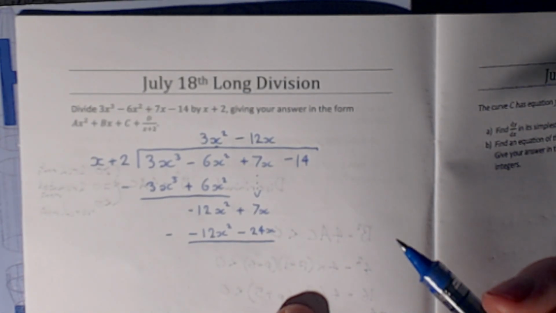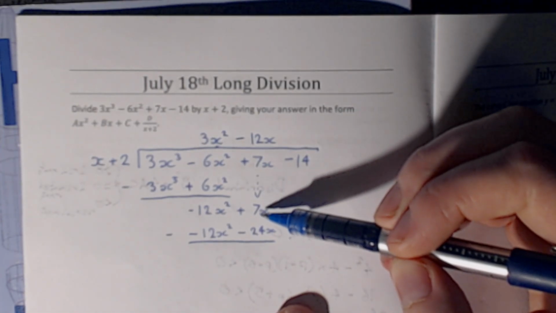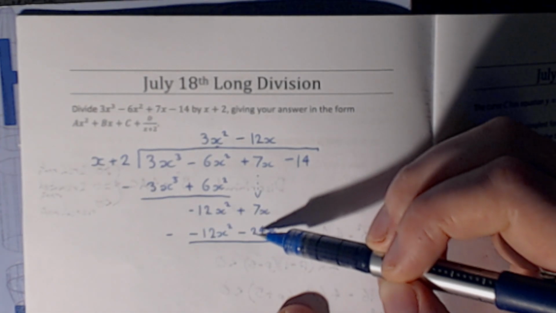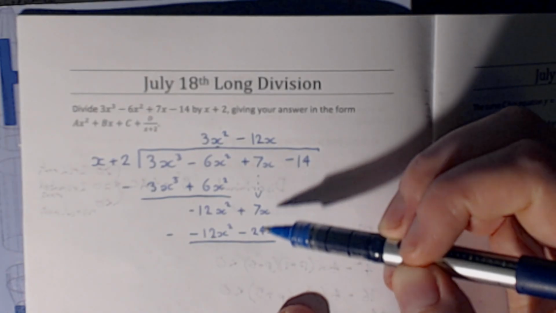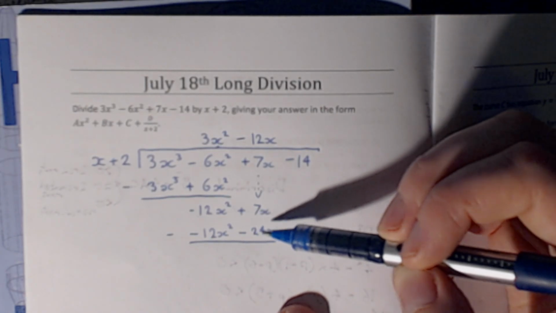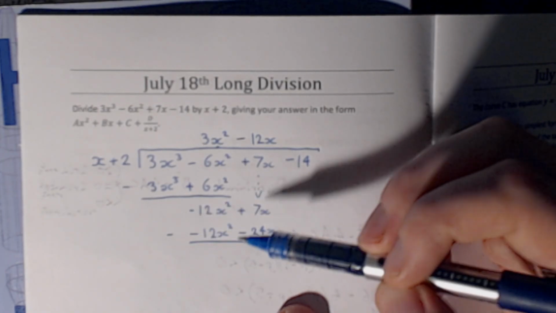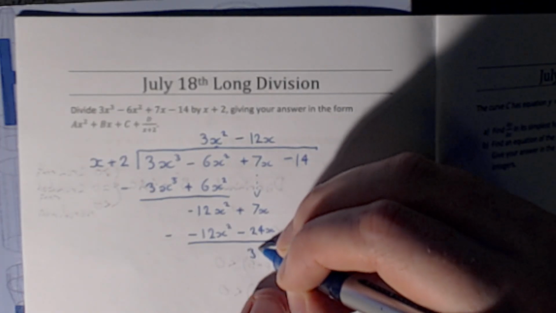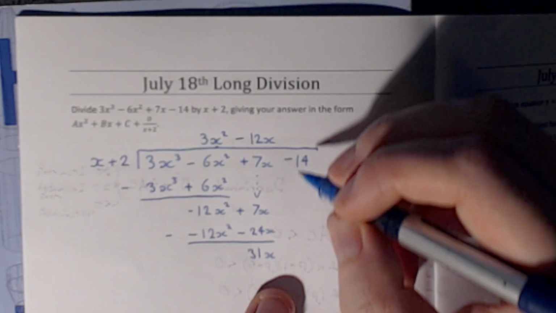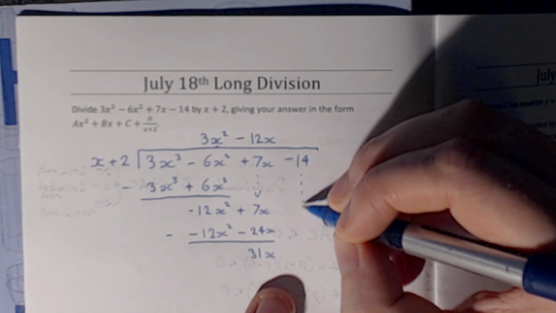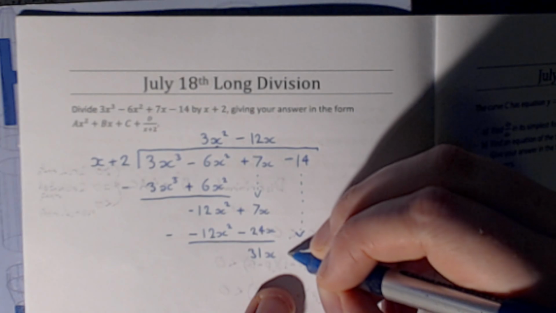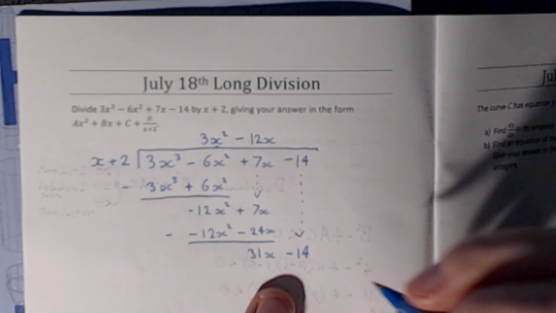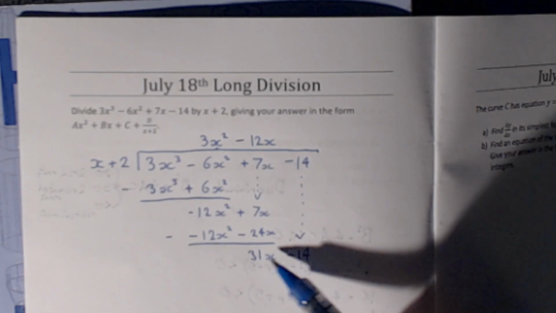Again, that's what we should expect. 7x take minus 24x is the same as 7x plus 24x, again minus and minus make a plus, and this gives us 31 lots of x. And we can carry down this negative 14. And we'll do our last step.